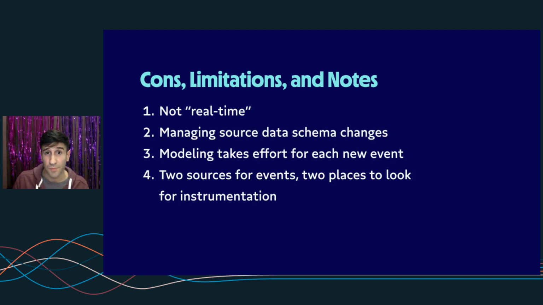Number two, managing source data schema changes is going to be a part of managing these new events in a way that it wasn't before. So if your production database schema changes, you're going to have to go through and remodel your transformations, so that way your events continue to flow through. Now, there's kind of two silver linings here.